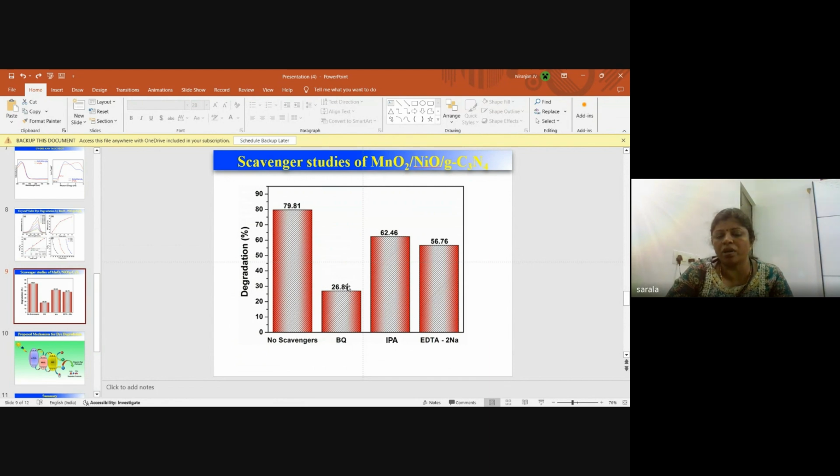The other components are placed here. The functional group was placed here. The absorption capacity was not equal to this oxide superoxide component.